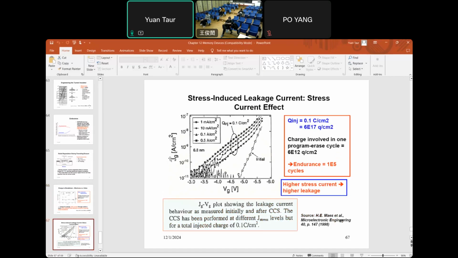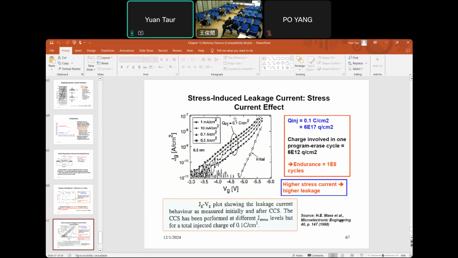Also, this is the current through the oxide as a function of gate voltage. Initially, there's no current until you get a very high gate voltage.